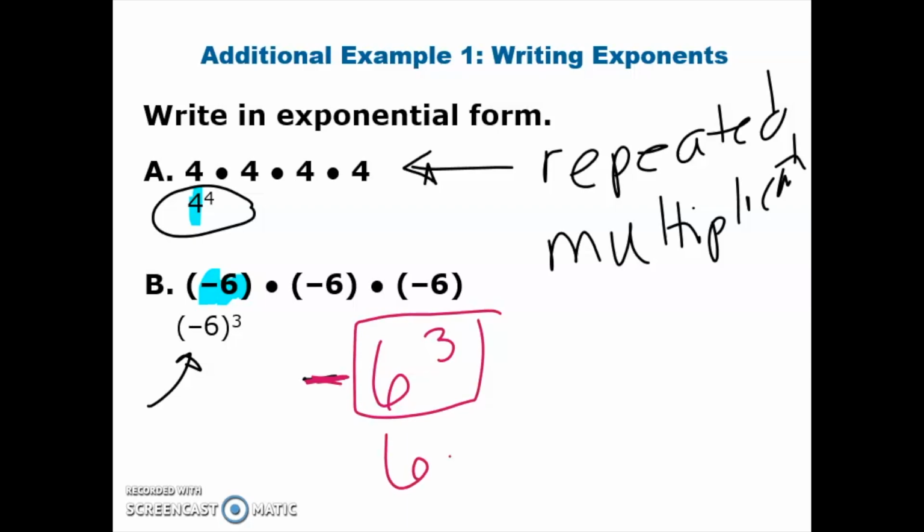So that would be 6 times 6 times 6. And then the negative in front actually means that once I get my answer, I'm multiplying the entire expression times the negative, or times negative 1. So this is a common problem that we really want to make sure we understand and that we're correctly using parentheses with our negatives.